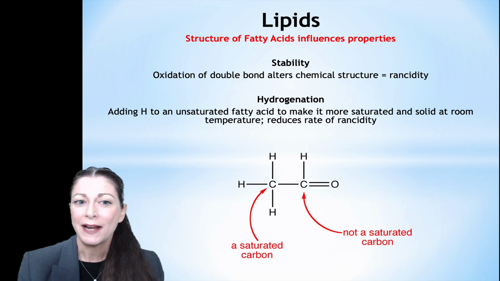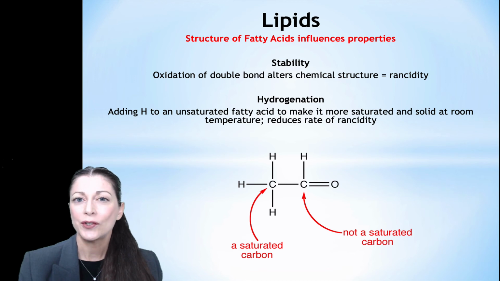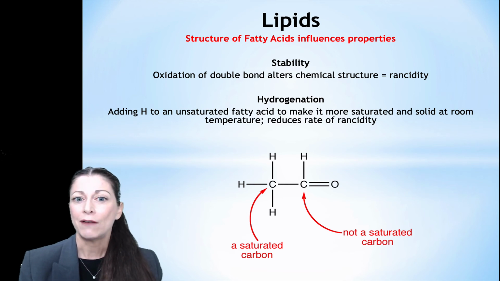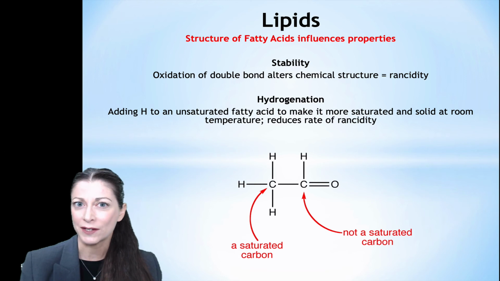When the double bond is oxidized, it alters the chemical structure of the fat, and the fat actually goes bad, and it develops a state that we call rancid. And if you've ever smelled a rancid fat, it's a very distinct smell. So that rancidity of fat is related to that double bond being broken by the presence of oxygen.